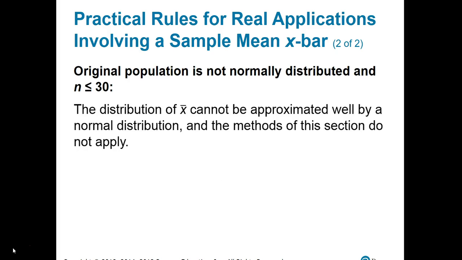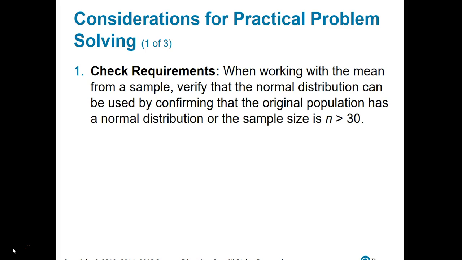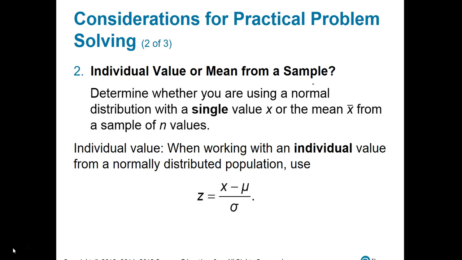All right. When can't we use this? We can't use this if we have a sample that is less than or equal to 30. So it's not going to work in that case. So always make sure to check to see if we are having a sample size above 30 first.